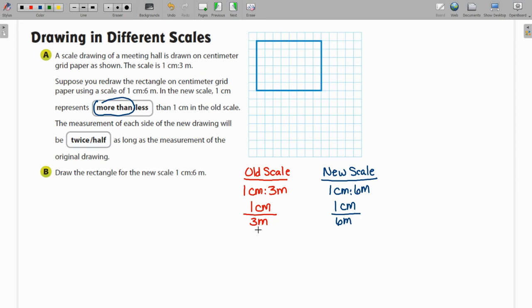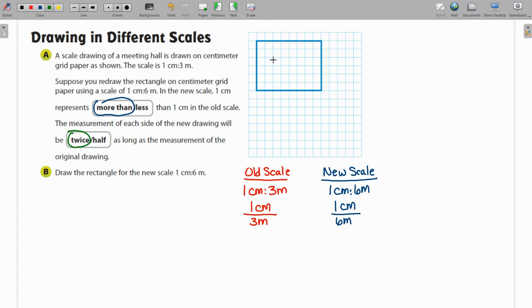But on the bottom, there's a change from 3 meters to 6 meters. In order to change 3 meters to 6 meters, we would have had to multiply by 2. So the new drawing is going to be twice as long as the measurement of the original drawing. Now it says draw the rectangle for the new scale for 1 centimeter for every 6 meters.